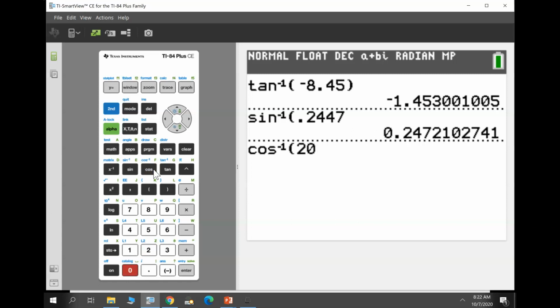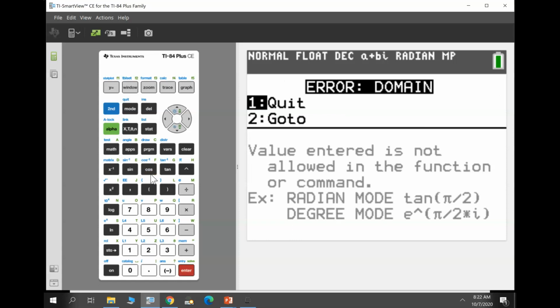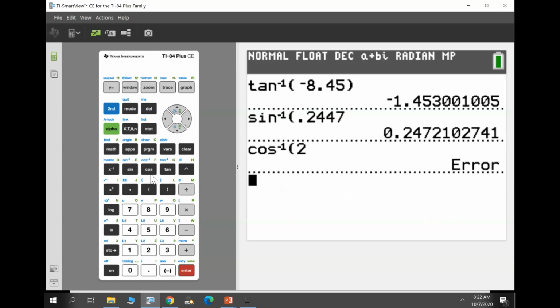And when I do, this is going to give me an error message. And the reason for that, if you'll notice, it says error domain. The problem here is that I'm asking it, tell me where cosine is equal to 2, and there is nowhere that cosine equals 2. Think about the cosine curve.